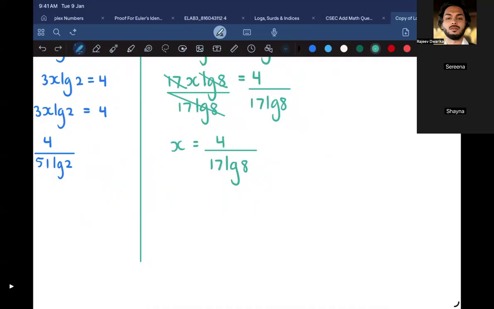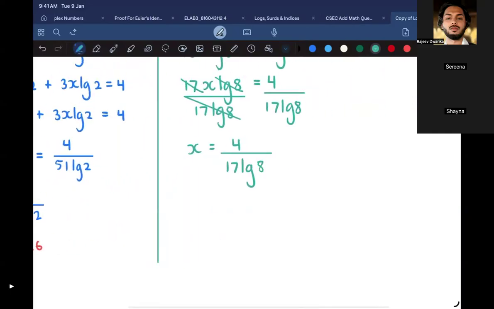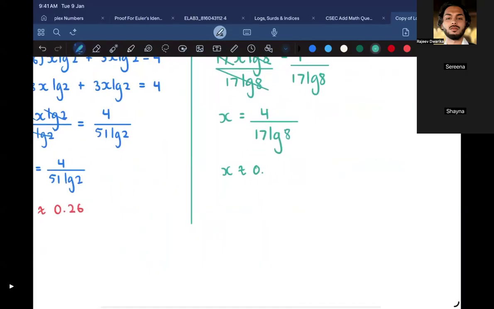Bam. And same thing over here. If I wrote 51 as 17 times 3, and I brought up the 3 over here, I would get 17 log 8. You understand it's the exact same thing, right? Yes, sir. Great. And this would be equal to 0.26.